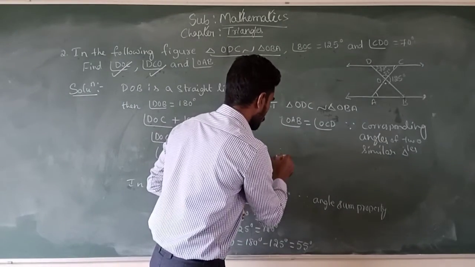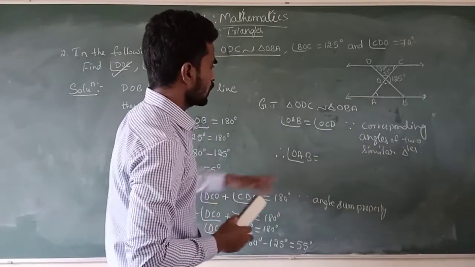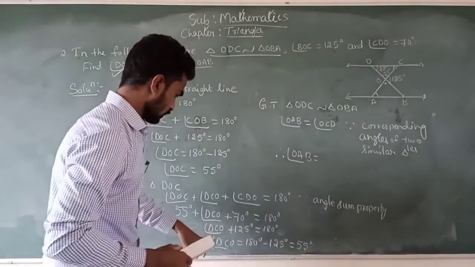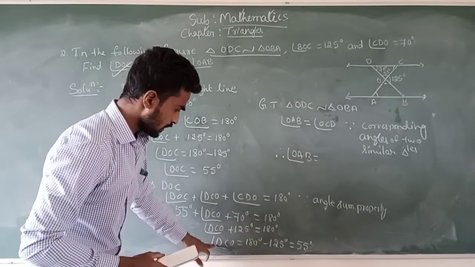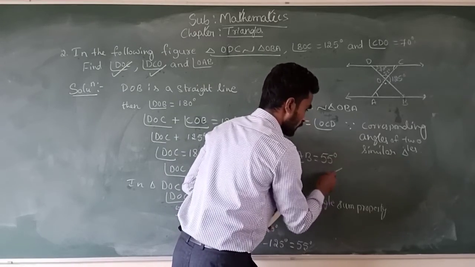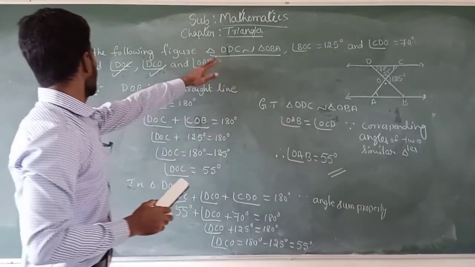Therefore angle OAB is equal to, we already found the value of OCD. OCD is 55 degree. Then OAB also is equal to 55 degree. This completes question number 2.